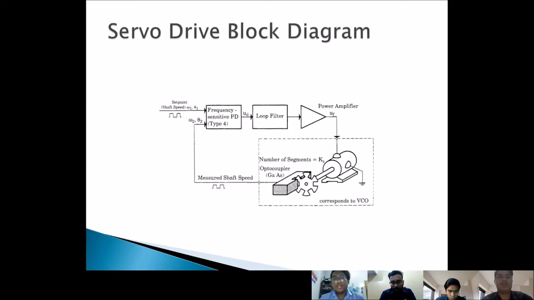This shows a servo drive block diagram that I gained from an internet source.